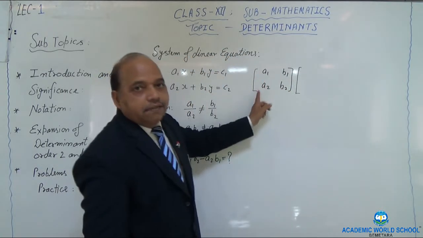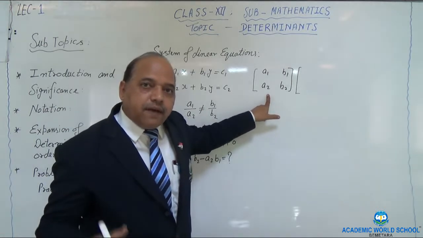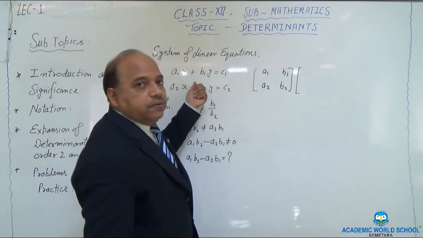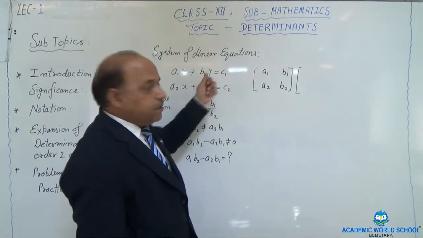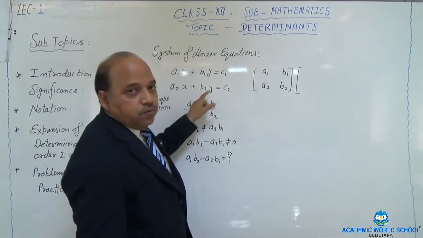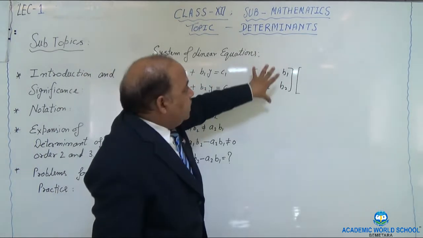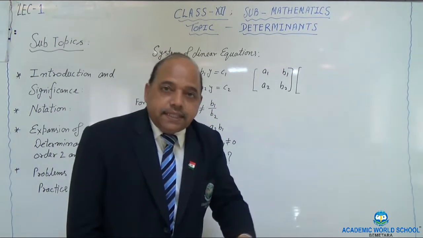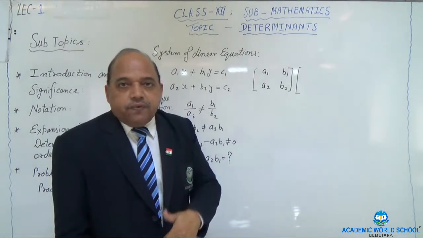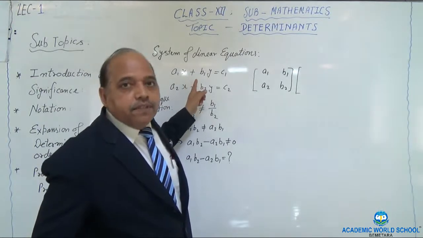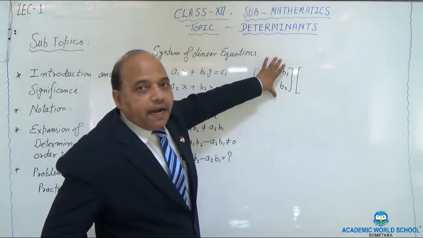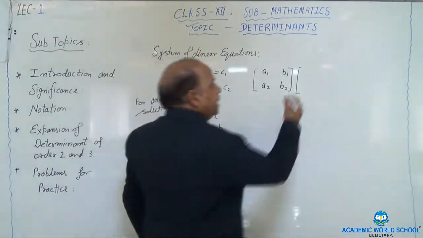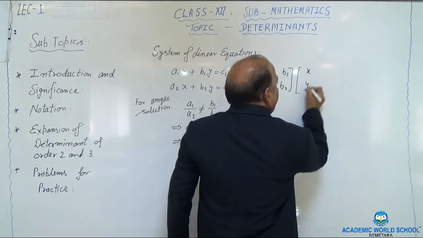These are nothing but the coefficients of x and y used in these two equations: A1, B1, A2, B2. So you can also call this part the matrix of coefficients. And from where are we getting the coefficients? We are getting them from these two equations. So the coefficient matrix multiplied by x and y.